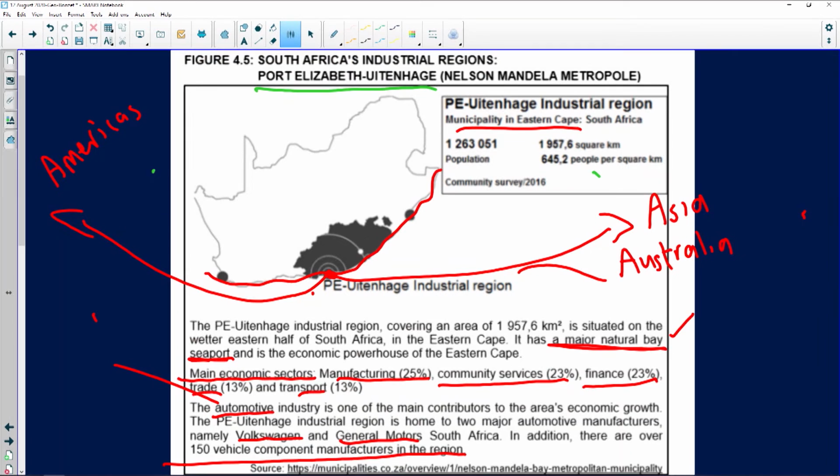Okay. Our next question, give 2 physical natural factors in the infographic that contribute to its growth as a manufacturing region. So, what added? Why was it so successful for this area naturally? Why was it a good area to start the industrial area?